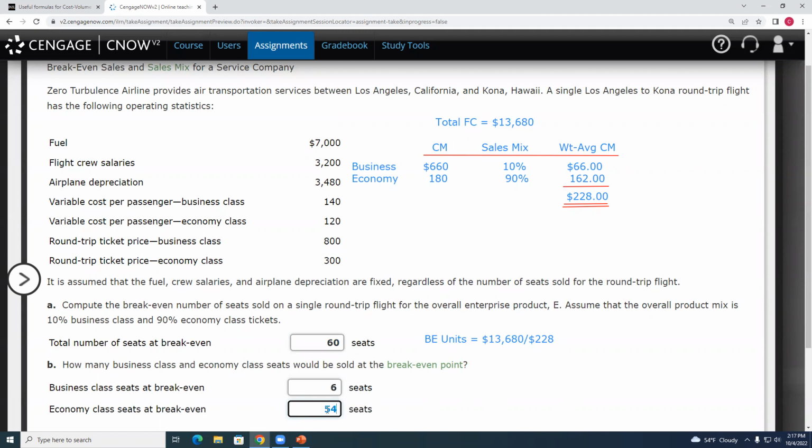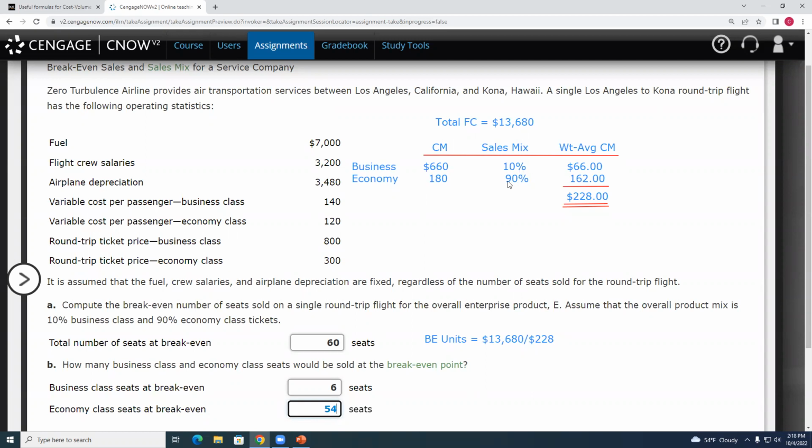Before I started using CNow, everything we did in class was in Excel and templates that I created for the exercises. And using Excel would make showing you something much simpler, because I would have formulas in here and I could just tweak one number so you could see what would happen.